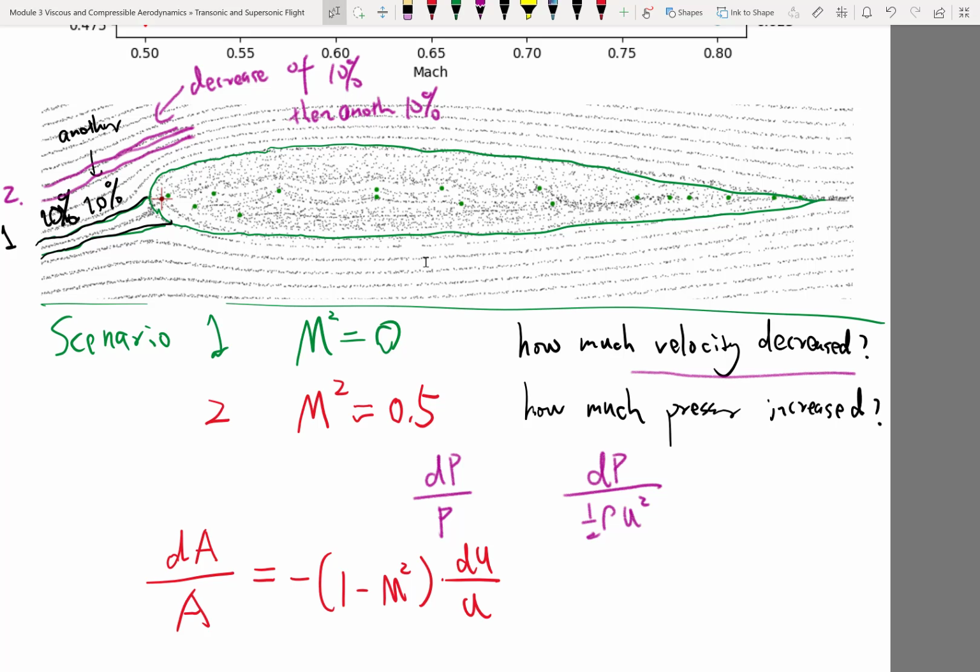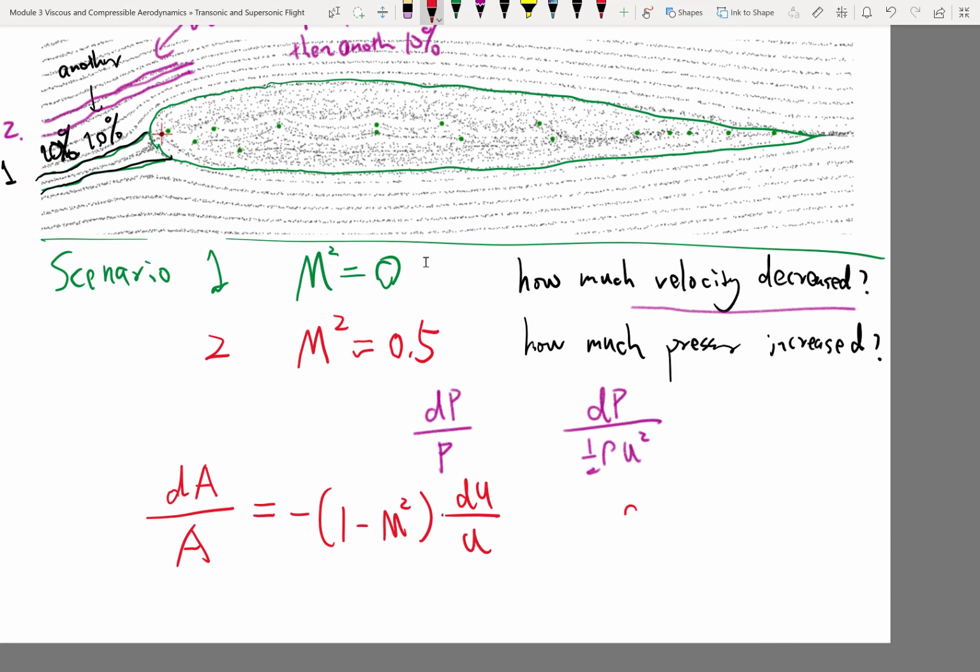But as I'm decelerating, M squared decreases, so the compressibility effect becomes less and less significant as I approach the stagnation point. On the accelerating stream tube, it's the opposite. As I accelerate, M squared keeps increasing, and the compressibility effect keeps increasing. And my du over u would be a lot more, right?